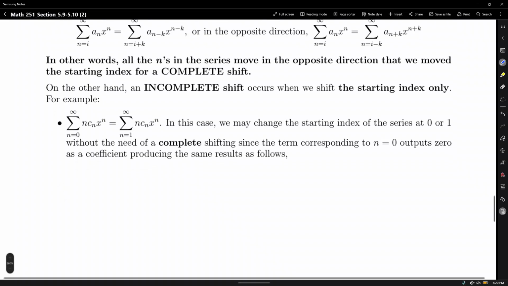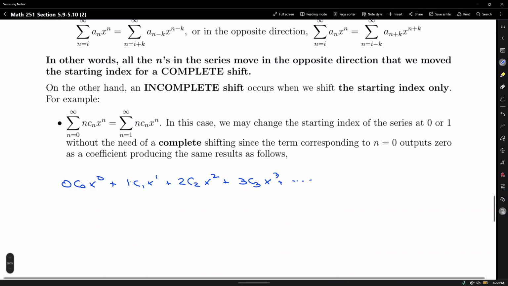Because check this out. Let me expand the series on the left hand side here. Starting at n equals 0, this is 0 c sub 0 x to the 0 plus 1 c sub 1 x to the first plus 2 c sub 2 x squared plus 3 c sub 3 x cubed, etc. Infinitely many terms.